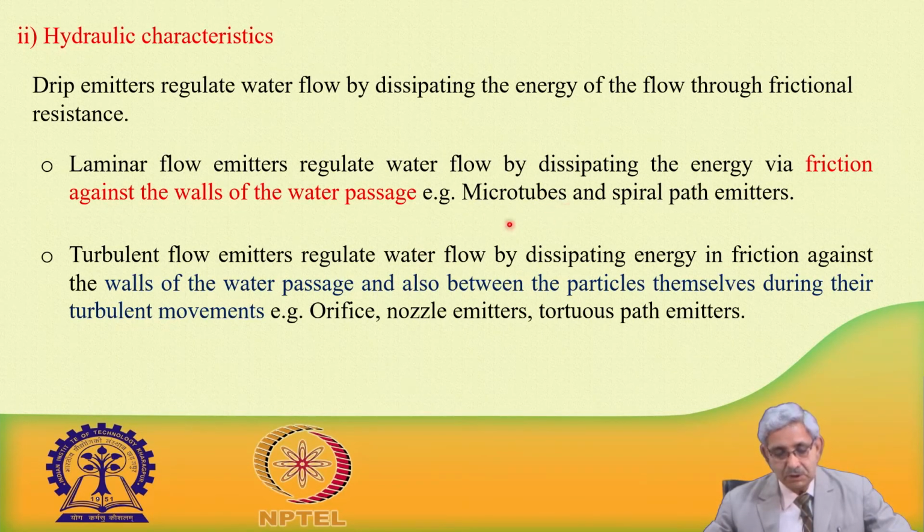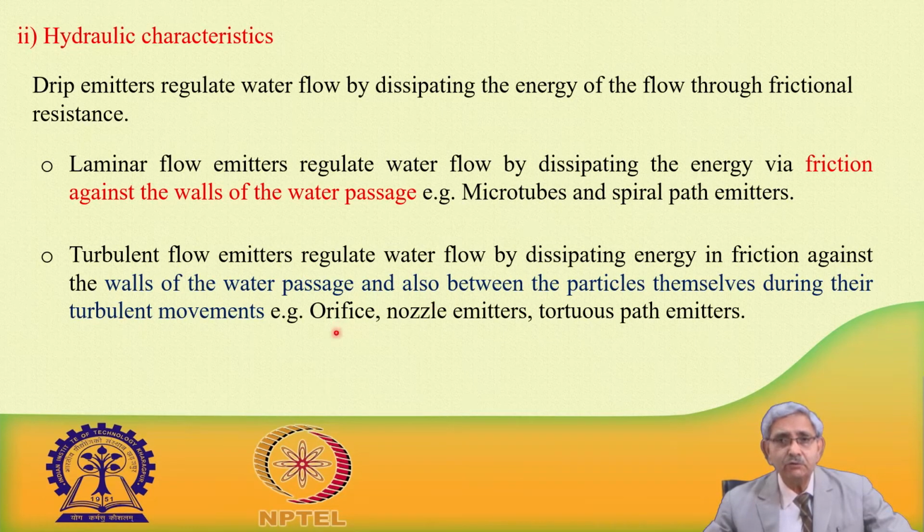This could be a microtube or a spiral path emitter. Turbulent flow emitters regulate water by dissipating the energy in friction against the walls of the water passage, and also between the particles themselves during their turbulent movement.